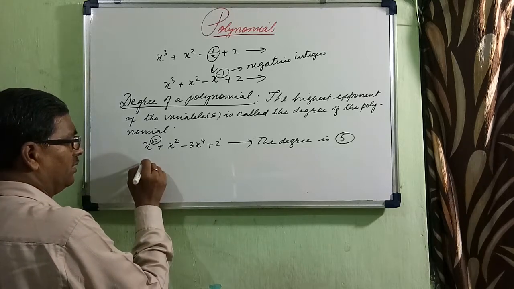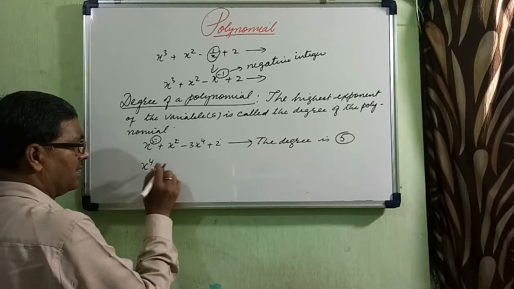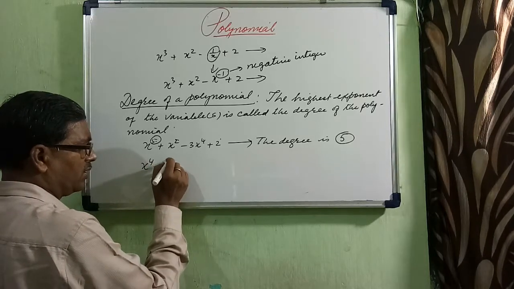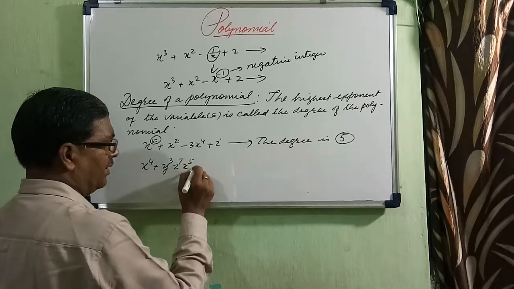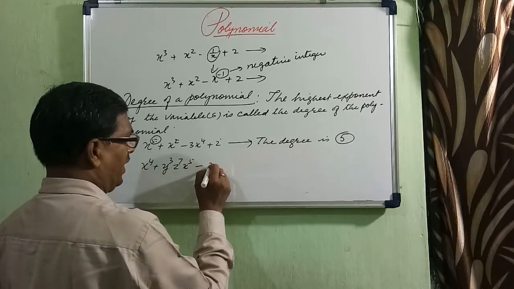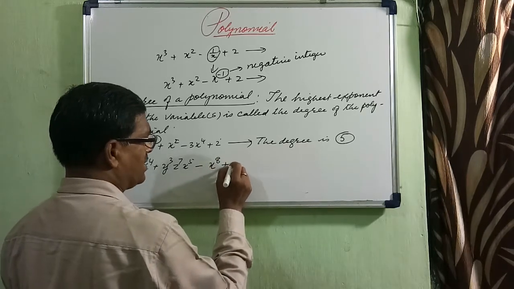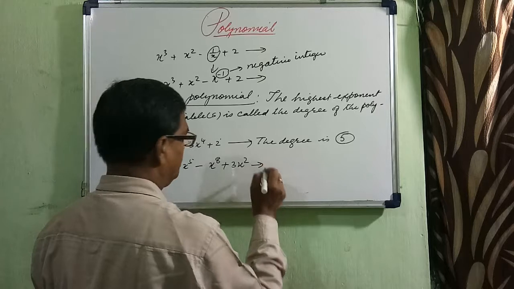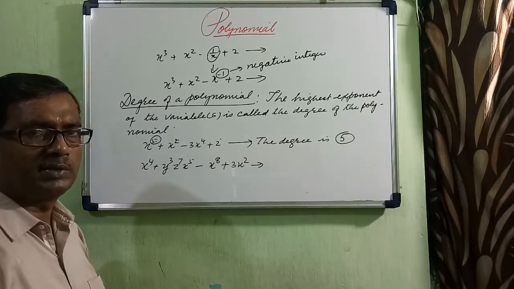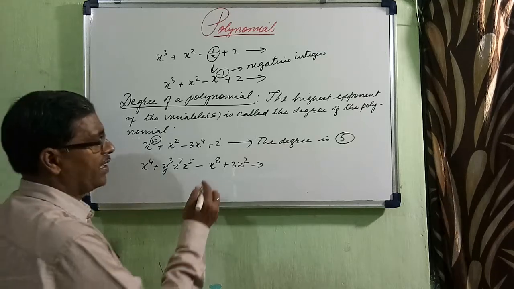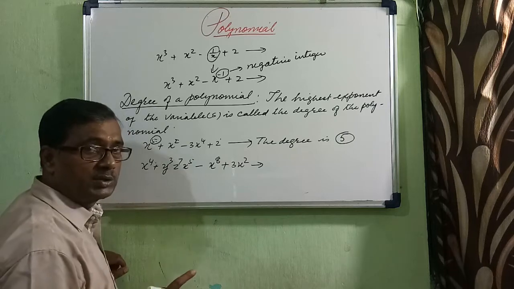Now, in the second case, x to the power 4 plus y to the power cube, z to the power 7, x to the power 5 minus x to the power 8 plus 3x square. What is the degree of this polynomial? You will be surprised to see that this is the highest exponent of all, but it is not the degree.